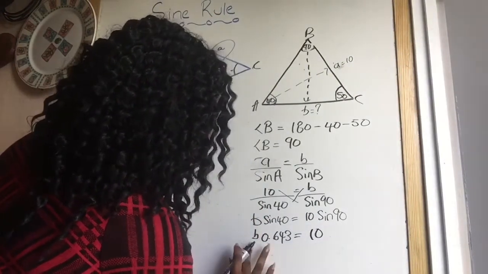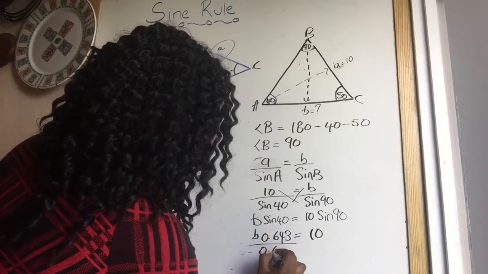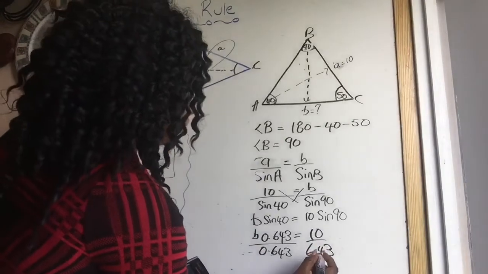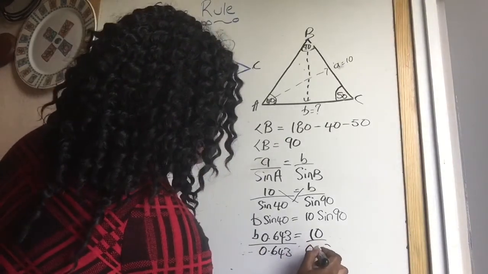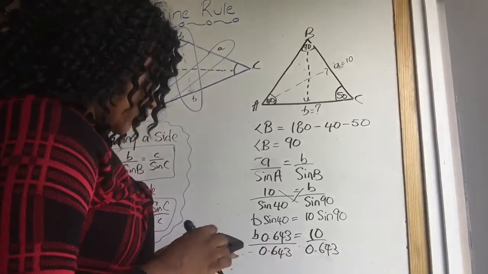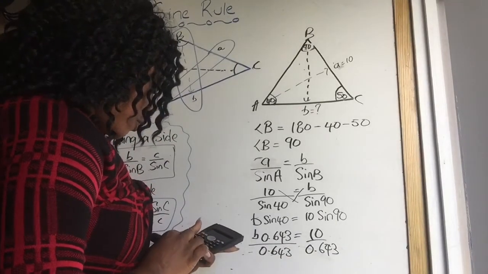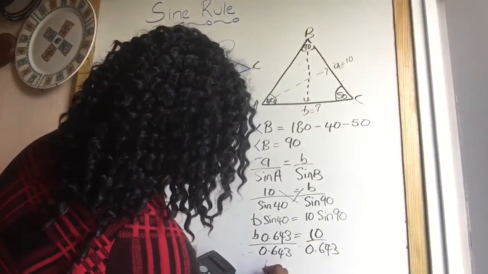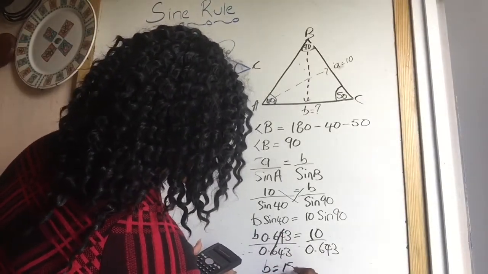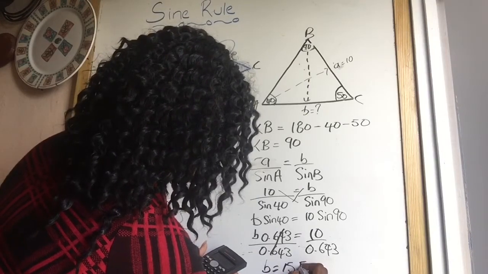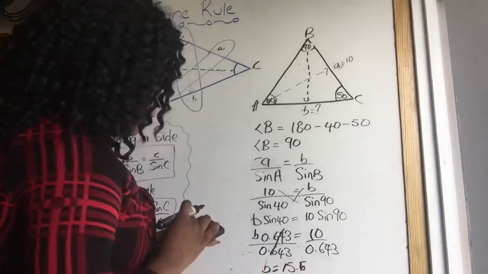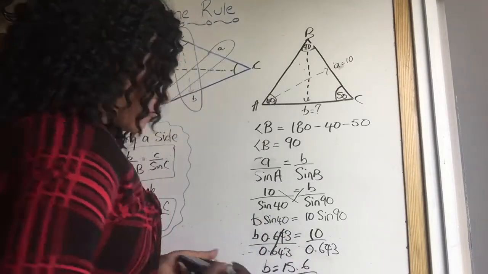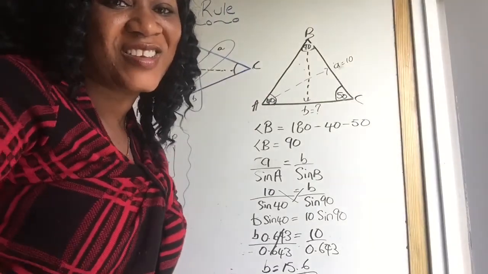Now we want to find b, so we're going to divide both sides by 0.643. 10 divided by 0.643, so b is now equal to 15.6. It's really 15.55, so I round it off to 15.6. And that's how you go about finding a side.